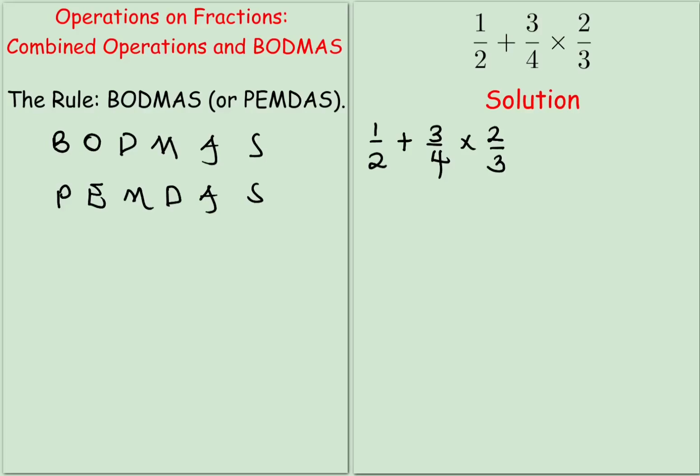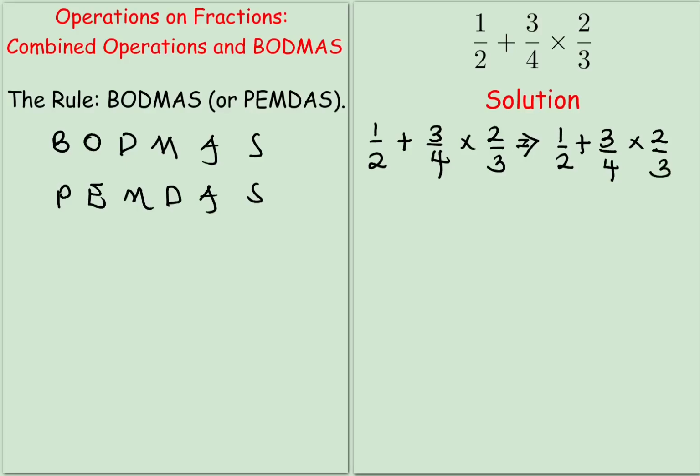Division. There's no division. Division or multiplication, but then we have a multiplication here. So this term is multiplying this term. So we have to do the multiplication first. This then gives us our 1 over 2 remaining as it is, then our 3 over 4 times 2 over 3.